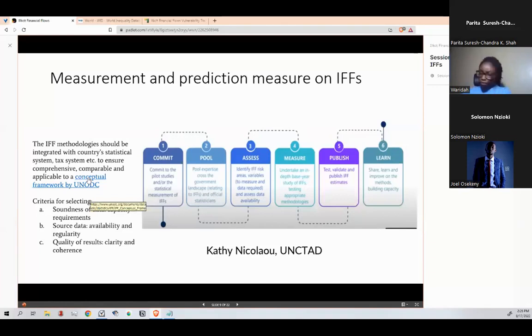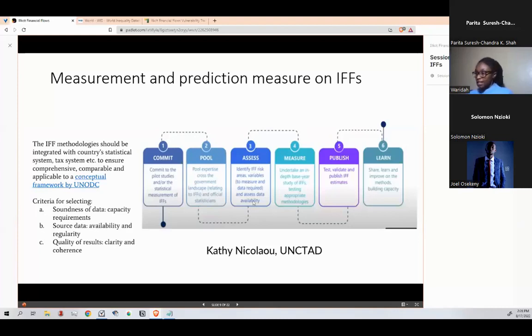So you can look at the process here, and I would like to point out the key things here. They first conduct pilot studies, and then they look at the talent, the capacity of the people who will be conducting this process, and finally assessing the risks and the availability of data.